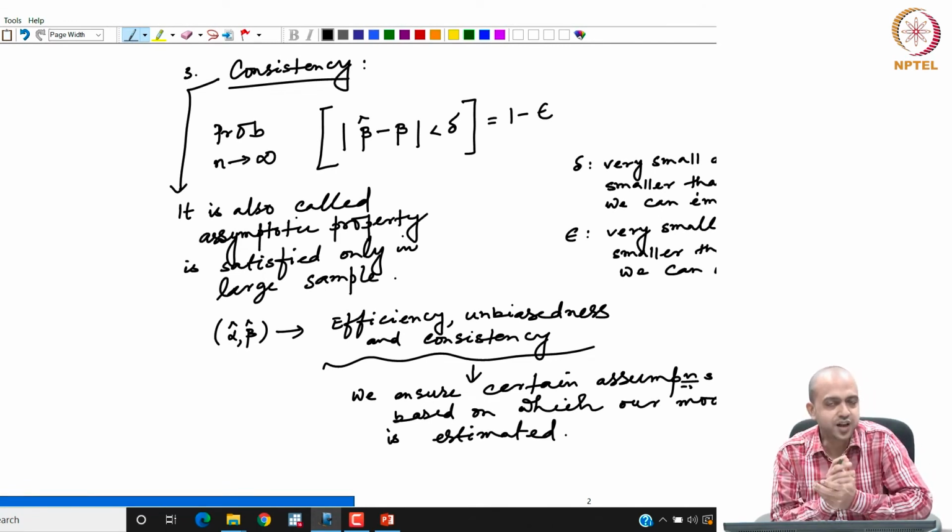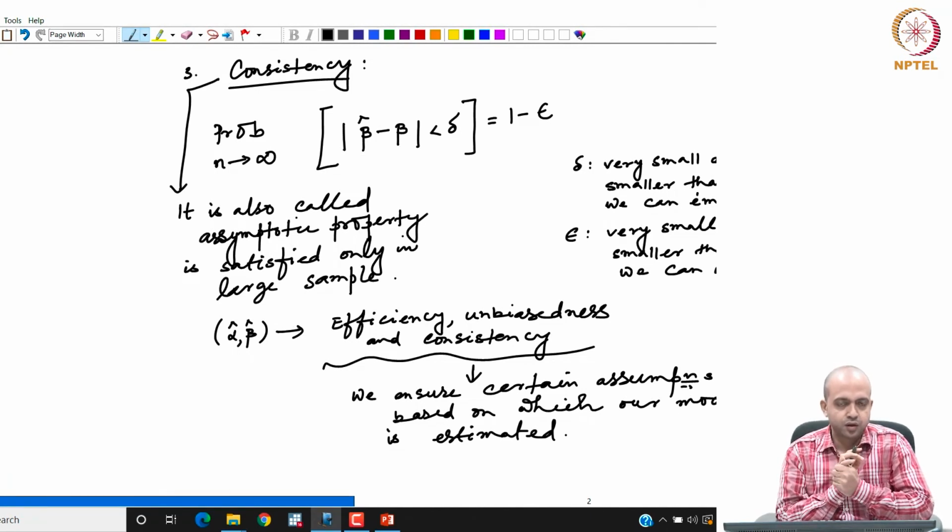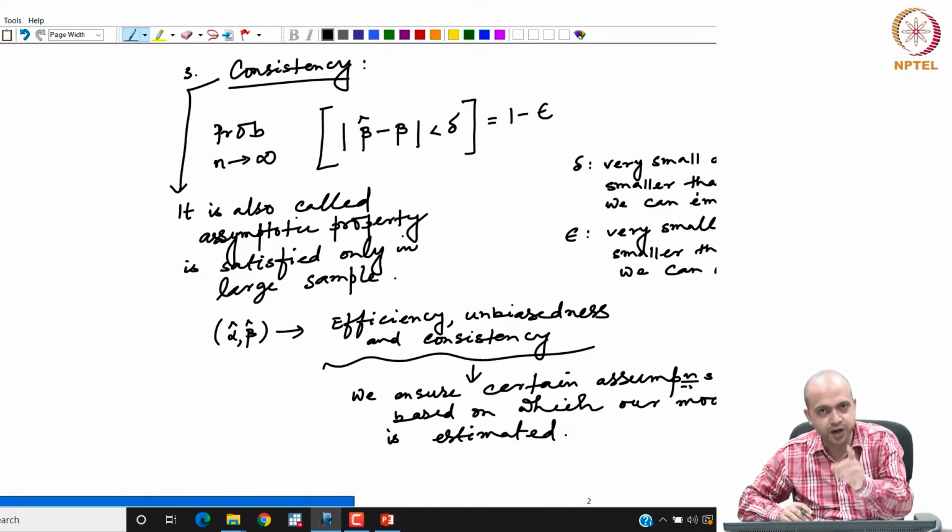So, we have to make certain assumptions, and those assumptions will actually ensure that your beta hat and alpha hat will satisfy efficiency, consistency and unbiasedness.